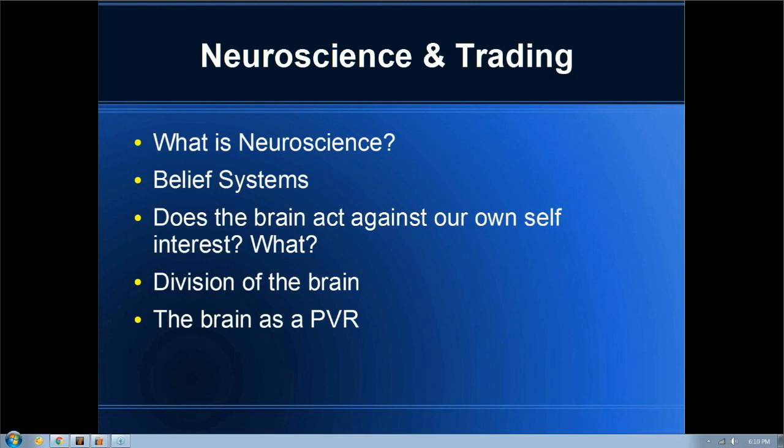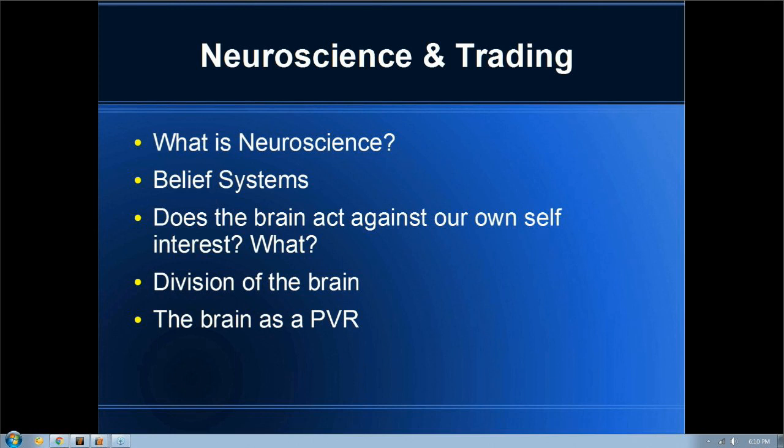Okay, and in trading, if you're a trader, if you've ever traded, you know that you've done things that are not in your own best interest. And I want to tell you right now, that doesn't mean that any of the things that you may have said to yourself, like, oh, what a dope. Why do I do this? Why do I keep doing this? Those things are normal. That is the way your brain is wired. You're not any better or worse than the next person.